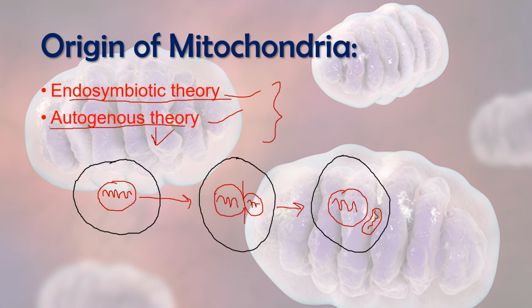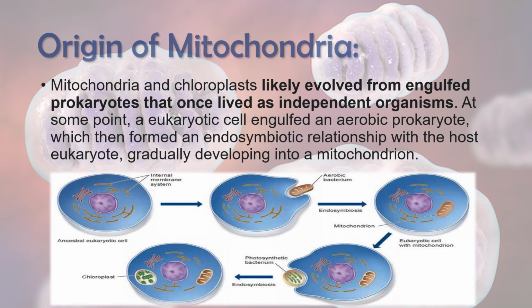Whereas in the endosymbiotic theory, mitochondria were prokaryotic cells that could perform aerobic respiration and were caught inside a eukaryotic cell, or a eukaryotic cell engulfed such a prokaryotic cell. Let me discuss more about the endosymbiotic theory of mitochondrial origin because it is highly accepted nowadays.